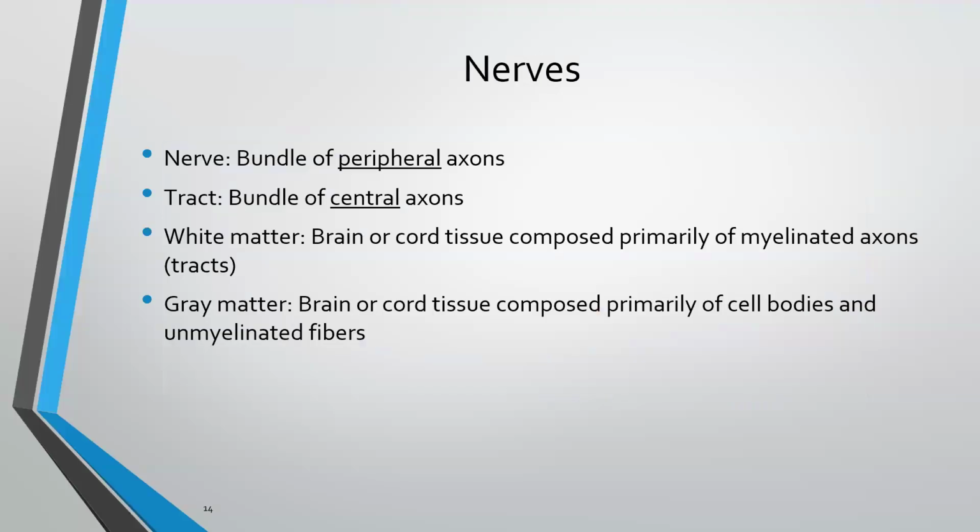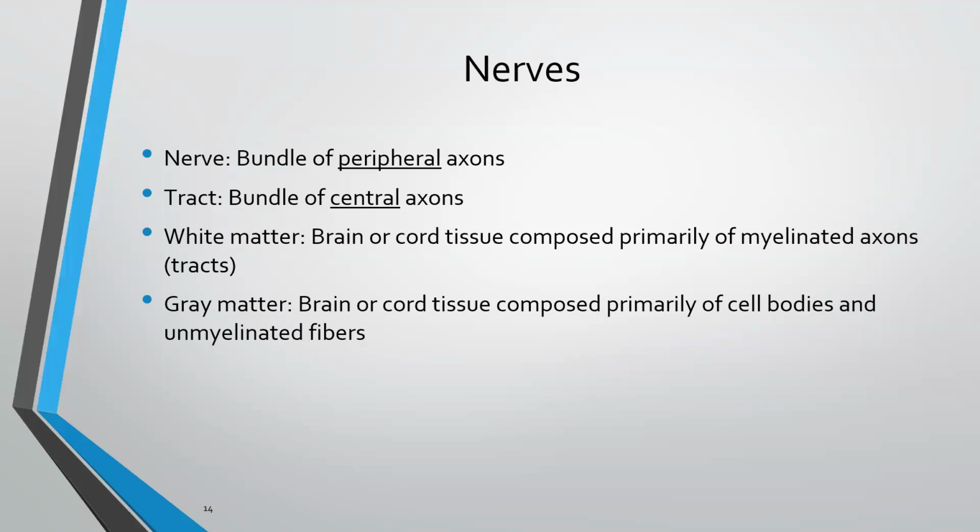All right, so nerves: you have your nerve, a bundle of peripheral axons. Your tract is a bundle of central axons. White matter is your brain or cord tissue, and it's composed primarily of myelinated axons or tracts.